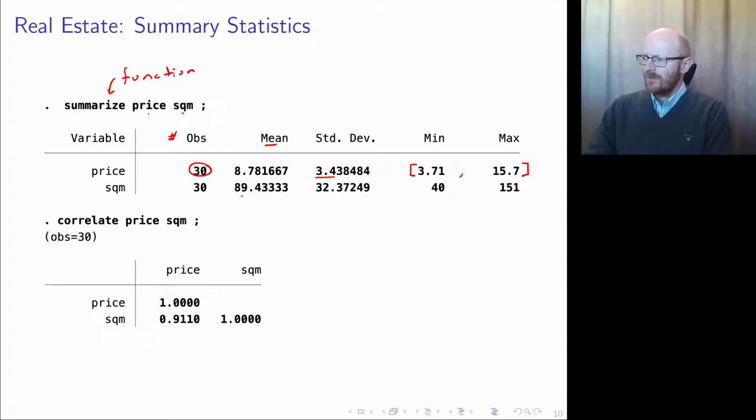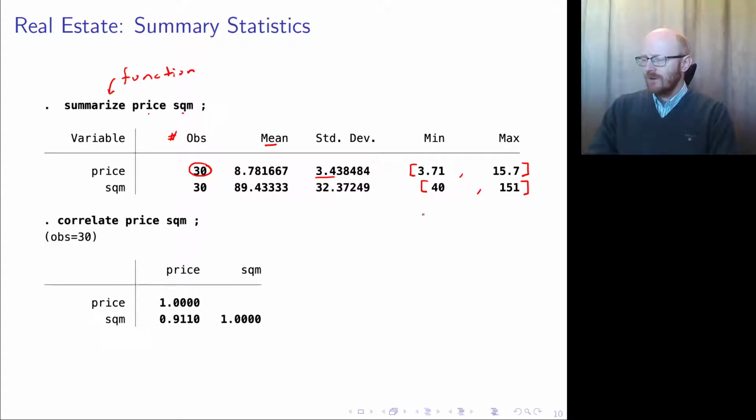And likewise, the average size is 89 square meters, has quite a large standard deviation of 32 square meters. And the range of our data is from 40 square meters to 151 square meters.